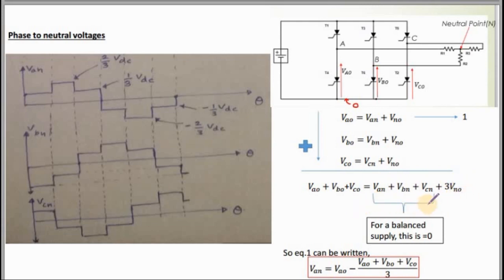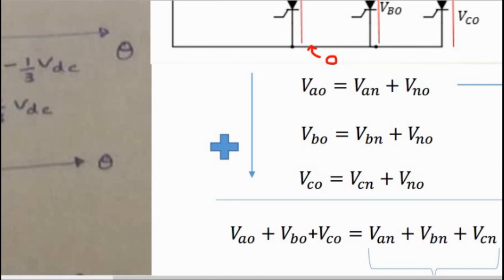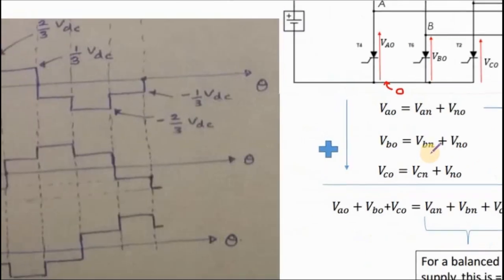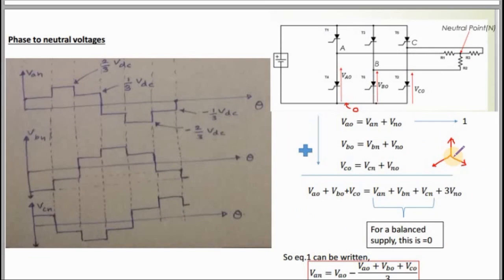For a balanced supply, VAN, VBN and VCN sum should be 0. This is the neutral point.